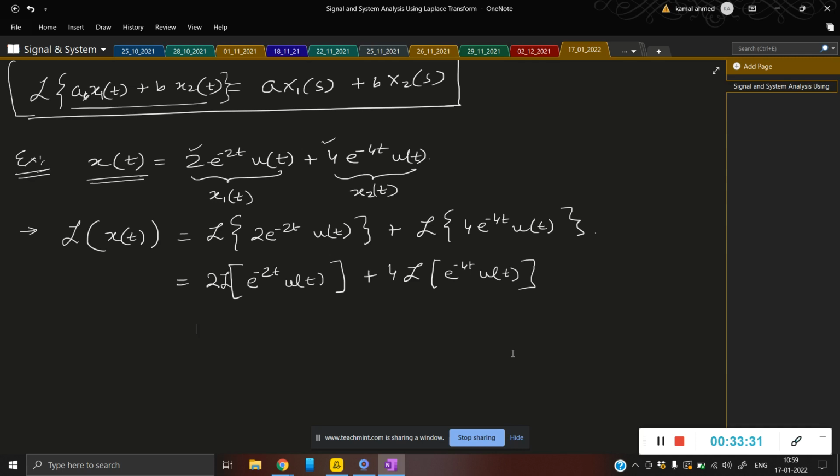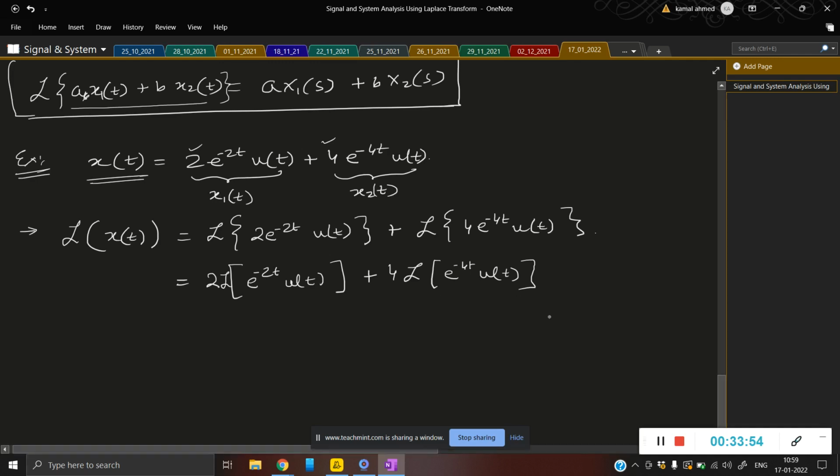And the table is in the page of your Ramesh Babu. Just a minute, I have to find the table. The table is in the page 7.38.